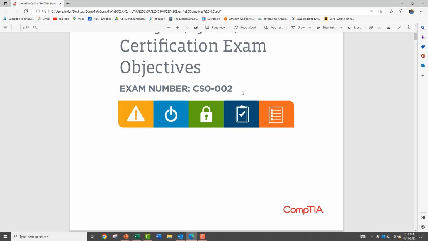When you take the exam, you may have exam 002 or 003, depending on when you take it. The 003 exam was in beta at the time of writing this course, and it should be available by March of 2023. So if you take the course after that, the information's still good. Just be aware that you're taking the newer test and not the older test.